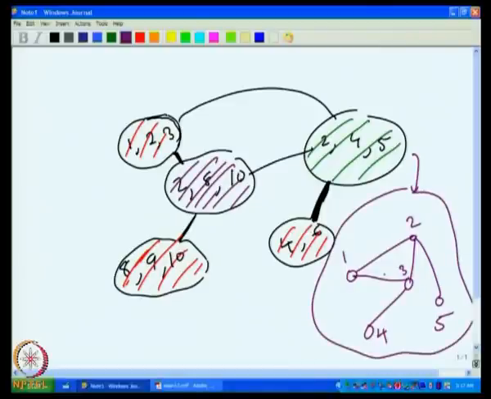The vertices correspond to the committees, and the colors are given to the vertices. This is the coloring problem. The red color is given. If you look at the red colored vertices, they form an independent set. That means there is no edge between them, and so this is the coloring, and then here we have a violet color.